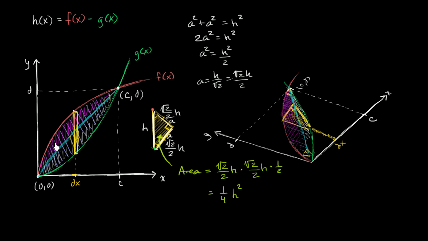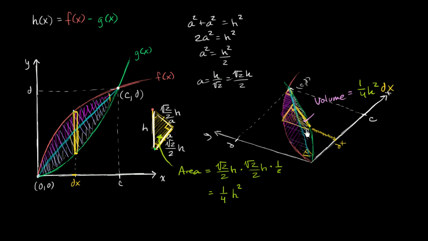Now, what's going to be the volume of each of these triangles? Well, the volume of each of these triangles right over here is just going to be our area times dx, or 1/4 h squared times our depth, dx.